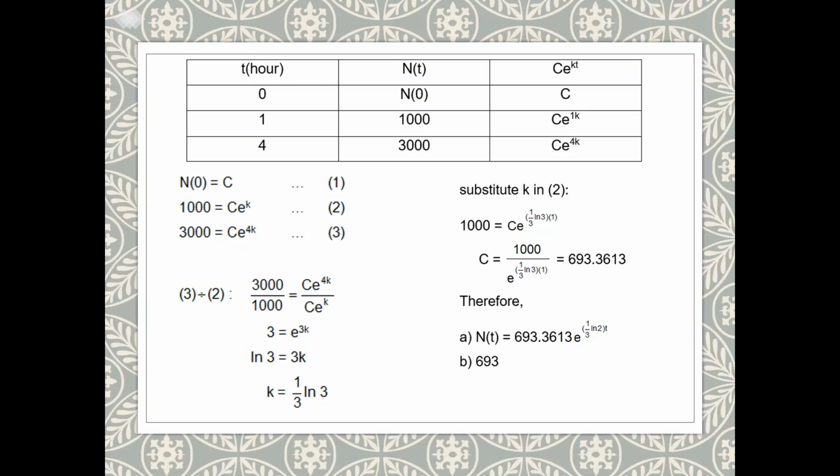You should obtain C equal to 693.3613. Therefore, the approximate number of strains of the bacteria present in the culture at any time t is represented as N(t) equal to 693.3613 e to the power of 1 over 3 ln 3 multiplied with t, and the approximate number of strains of the bacteria originally in the culture is 693.